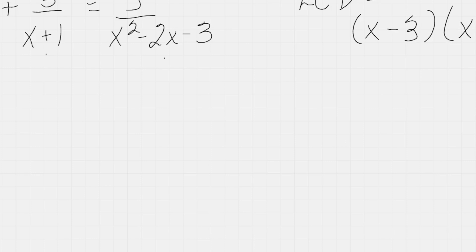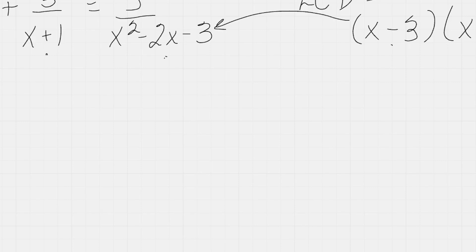And if you were to factor the multiple of these two values, you would actually get this right here. So this x minus 3 here will eliminate x minus 3 here. X plus 1 will eliminate x plus 1. And then the combination of these values, or the multiple of these values, will eliminate your third denominator, which is x squared minus 2x minus 3.